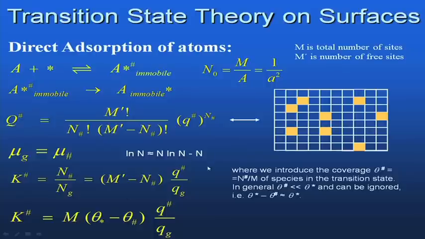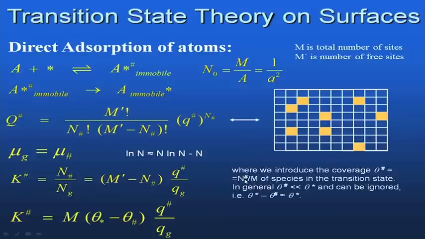So, K double dagger, the equilibrium constant for this adsorption process, is equal to m, the total number of sites, times this. Here we introduce the coverage theta for the activated species, which is equal to n double dagger divided by m, the number of species in the transition state.